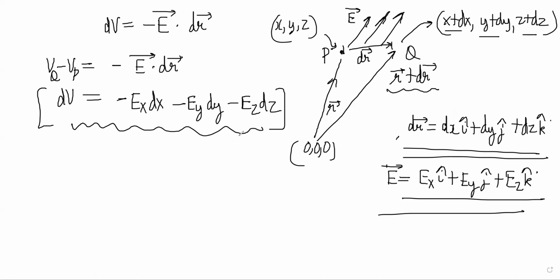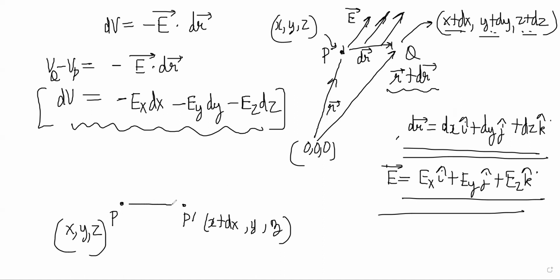Let's say I moved in a specific way, not in an arbitrary way where I changed everything. I can move from P to P dash where only x changes. Do you understand what I'm saying? Suppose I moved like this, then the dr vector is simply dx i cap.